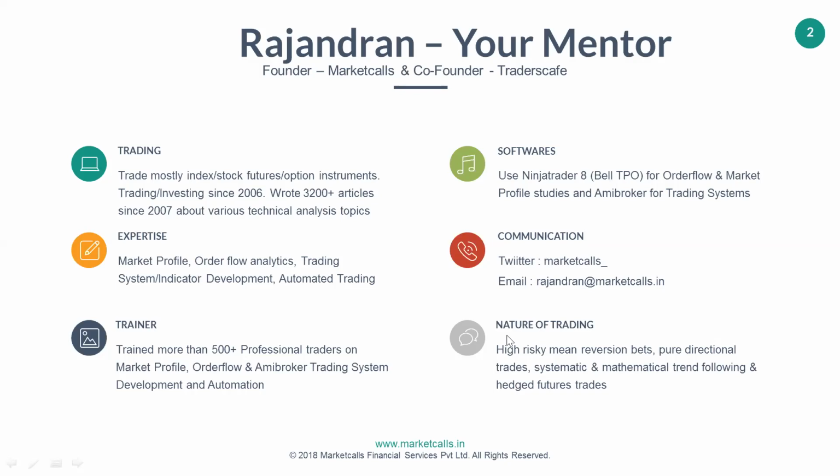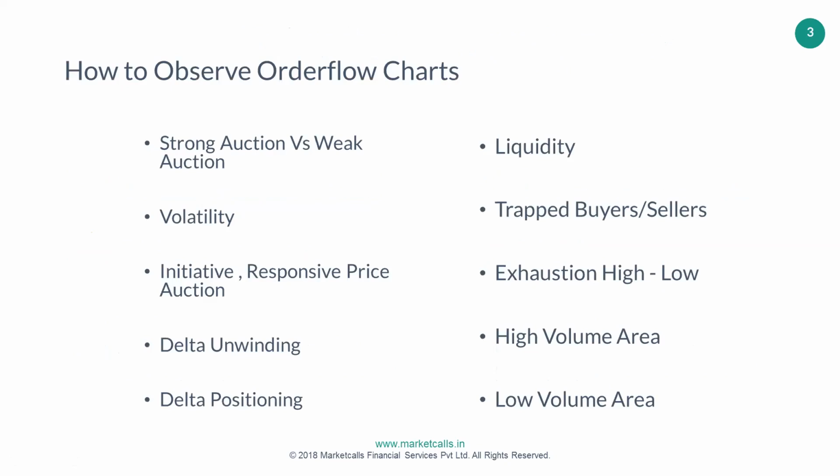Today we are going to discuss a couple more strategies, but before getting into the strategies, let's look at a couple of the principles one has to look out for. In this session we'll discuss what a strong auction and a weak auction look like, what high volatility zones and low volatility candles look like, initiative drive, responsive auctions, delta unwinding, delta positioning, and liquidity especially.